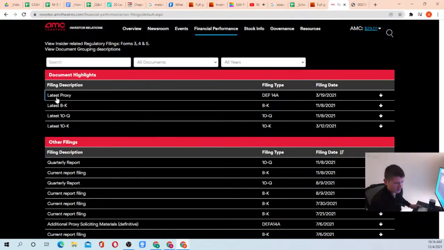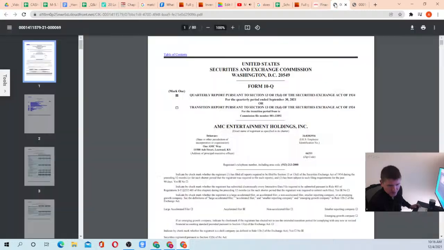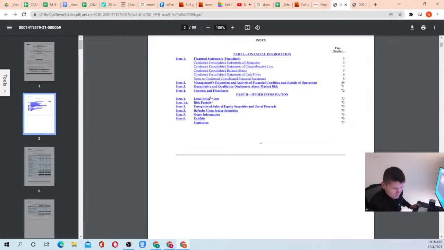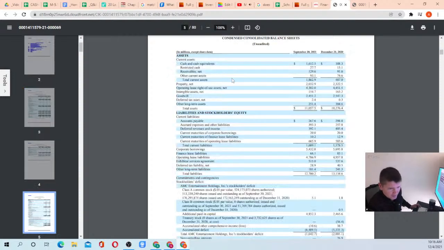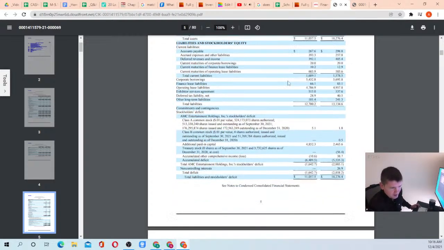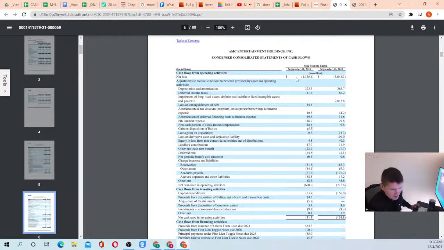Let's open their most recent quarterly filing. It is third quarter 21. On the balance sheet, as you see, they have $1.6 billion. And let's take a look at the cash flow. For the three quarters of 21, they generated $1 billion in losses.